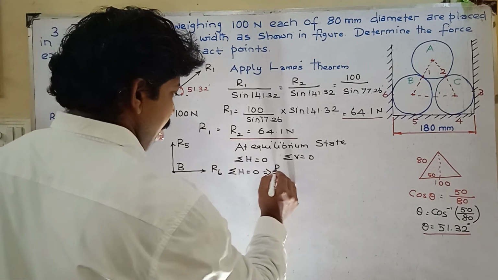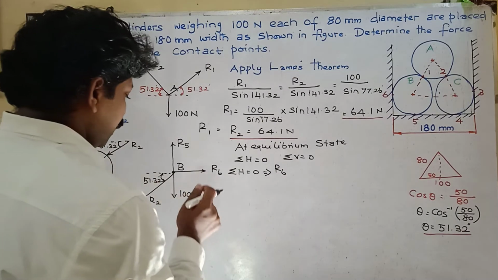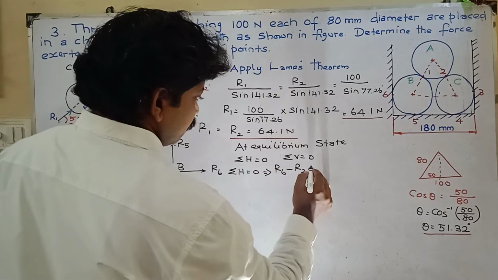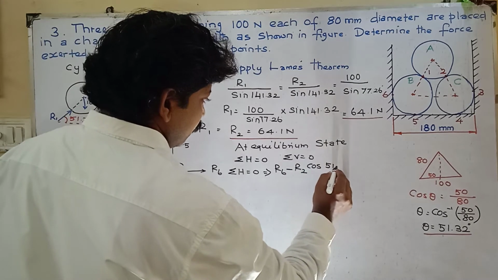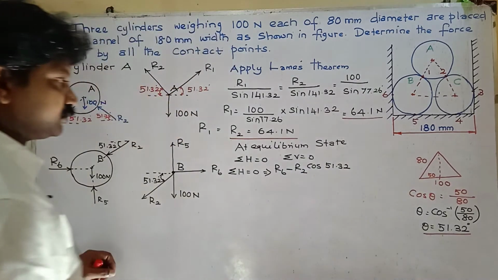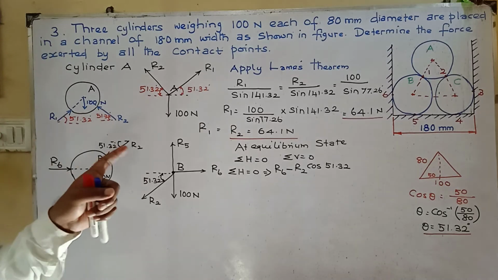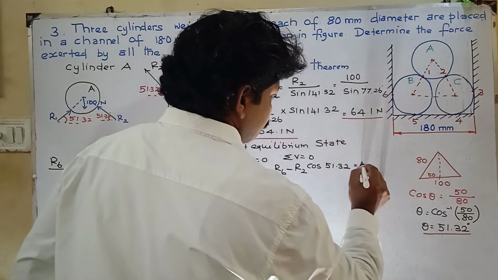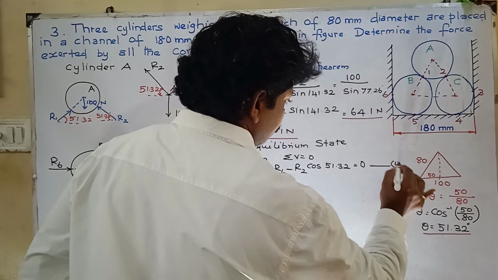R6 minus R2 cos 51.32, R6 towards the right side, R2 towards the left side, equal to 0. Take this as equation 1.